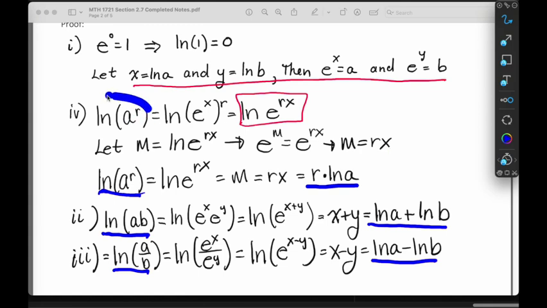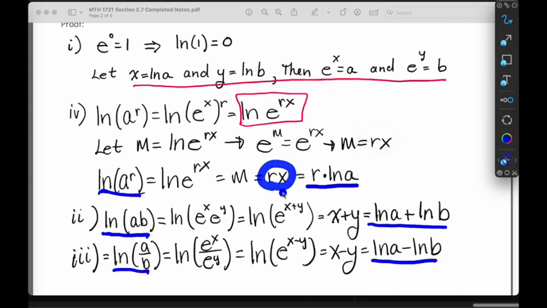So now going back to this up here, I have the natural log of a to the r is equal to, we said that we rearranged it so that this is equal to natural log of e to the rx. We said that this is equal to m. So I'm going to set that equal to m. And we also said that m is equal to r times x.